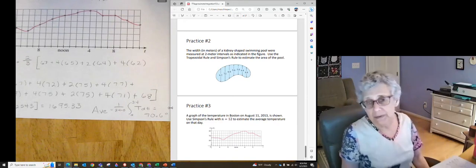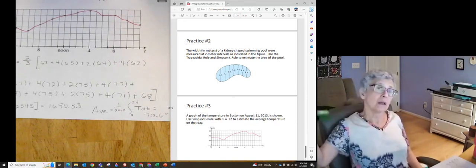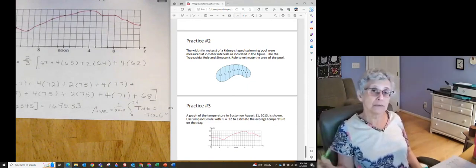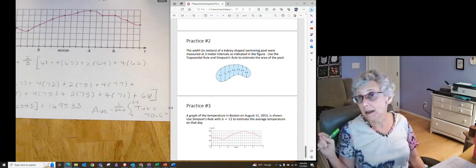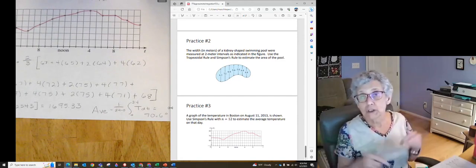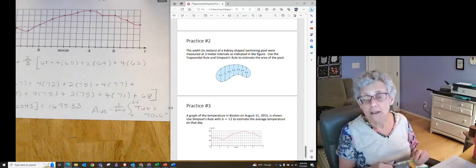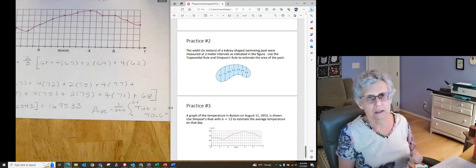So me and the authors, we did our estimating slightly differently. So be sure that you read the problems carefully. There's one on your lab where you need to find an average, if I remember correctly. So be sure that you find what you're asked for. Or if not an average, you have to manipulate it in some way.